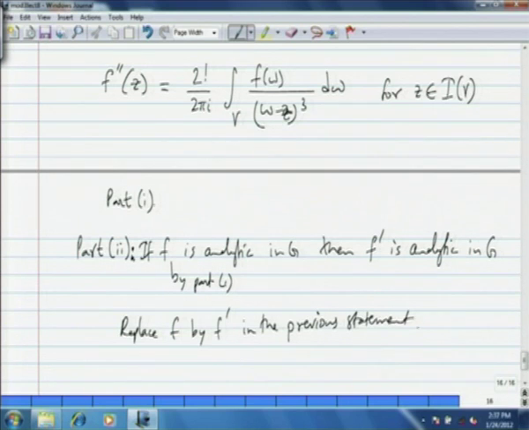So, f prime is analytic in G implies that f double prime is analytic in G. So on and so forth.